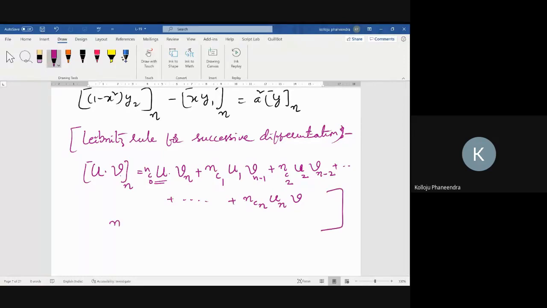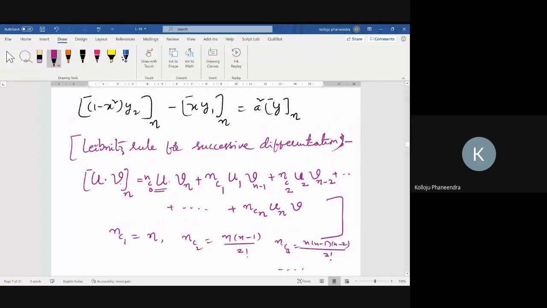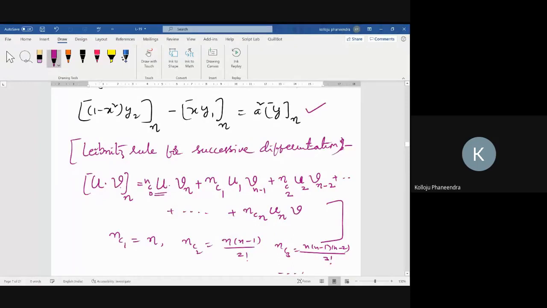And you know what is nc1? N. nc2, I'm giving direct, n into n minus 1 by factorial 2. nc3 value n into n minus 1, n minus 2 by factorial 3, and so on, like this. Okay, so let me apply this successive formula for this. Now here this is u and this is v. In this one this is u and this is v.